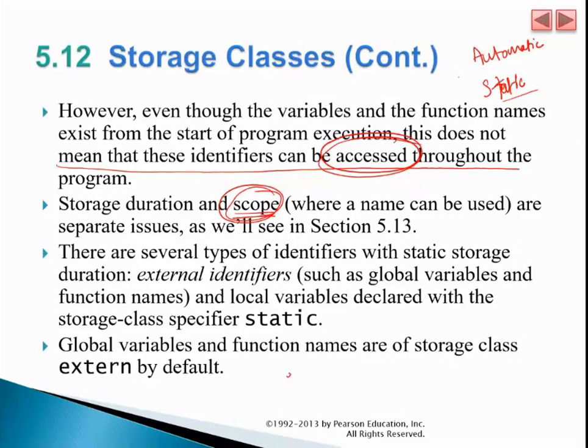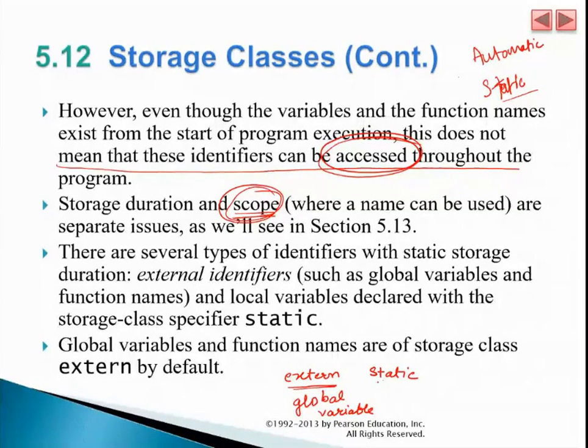Yes, ma'am, if you want to know the difference between extern and static, let me clear it in a very short way. Extern variables are actually global variables. If you write the extern keyword in front of any variable, it will become a global variable.